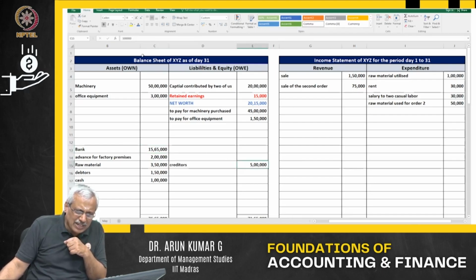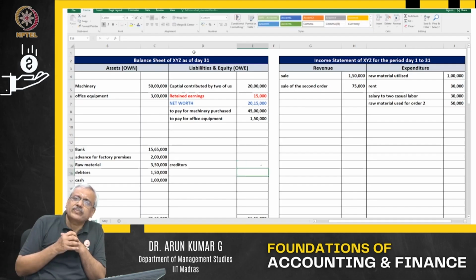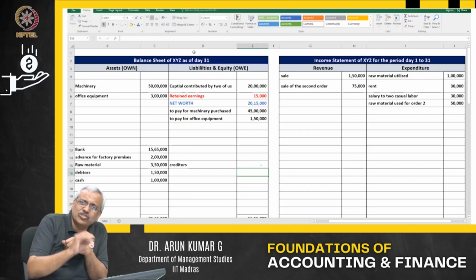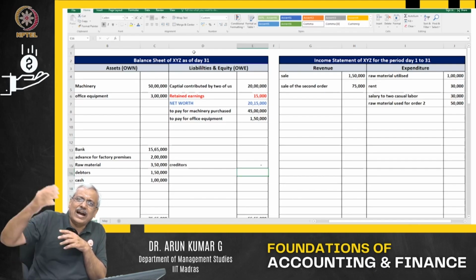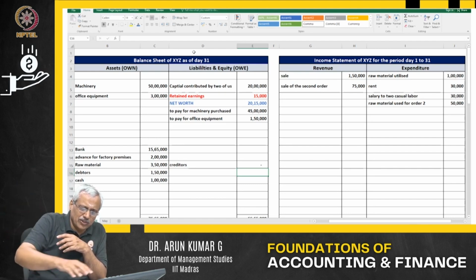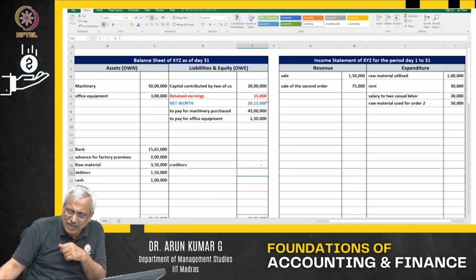I owed the creditors 500,000. Now do I owe them once I pay them? No, I don't owe them any money. My bank balance has reduced, asset has reduced, my liability, I owed them money, that has also reduced. So basically, the balance sheet is taken care of. So what is happening? Double entry. For every transaction, there are 2 parts.